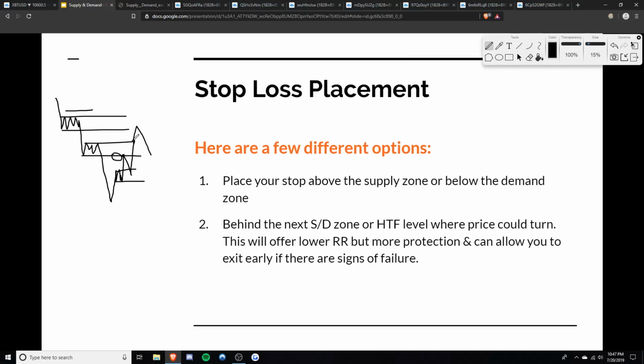And say on this rally up here that broke this, if price closes above the zone, if this isn't just a wick, if price closes above the zone right here, you can exit here for a small loss, because if it closes above the zone, it's typically a sign that it's going to go higher.